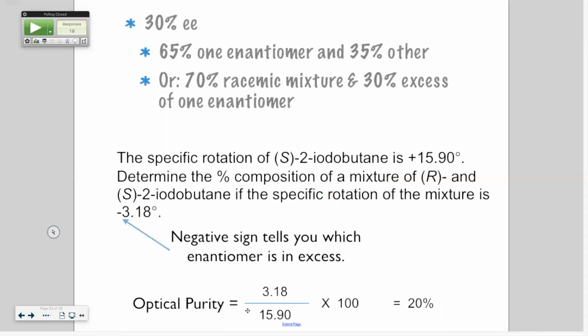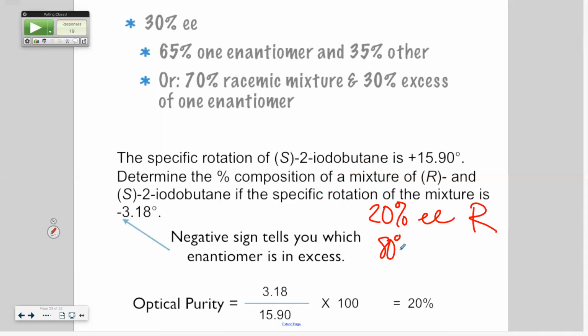Okay. So this is telling us that we have 20%, what? Enantiomeric excess, okay? So which one is 20% more than the other, the R or the S? The R, okay? So what is the other 80%?